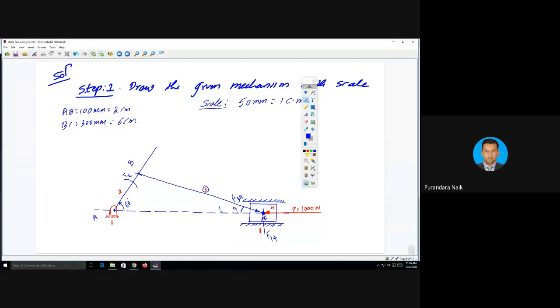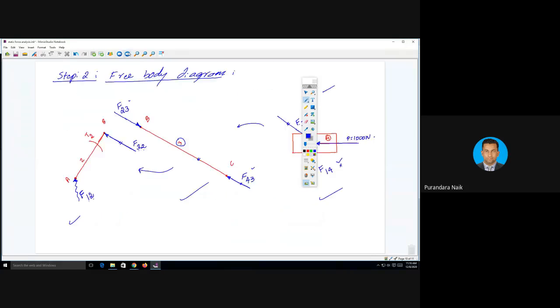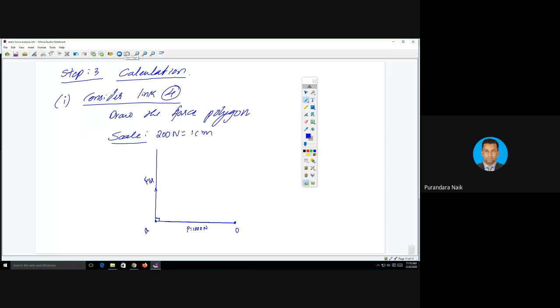I have written 17-degree. You check the answers. You take the 17-degree here, and it will intersect here. This is 17-degree.